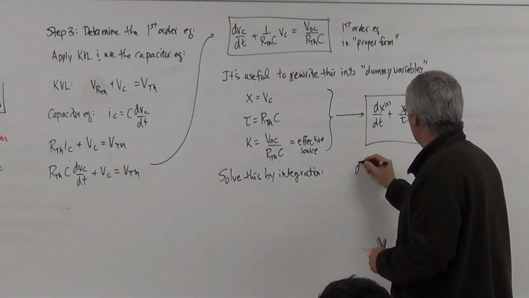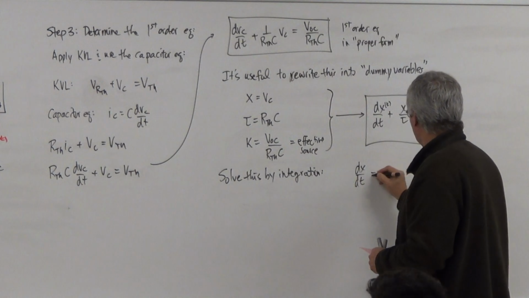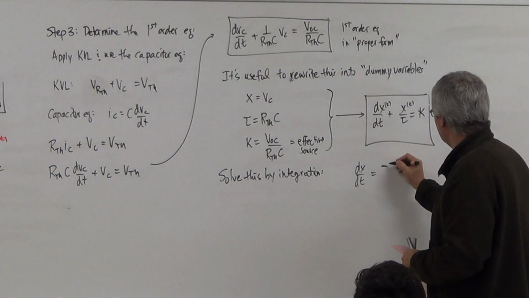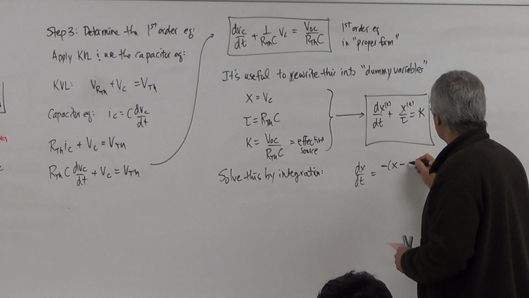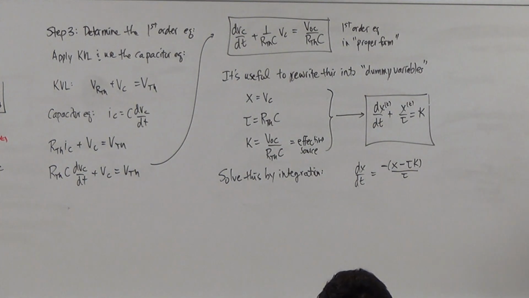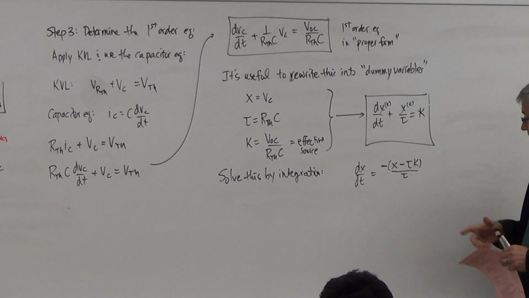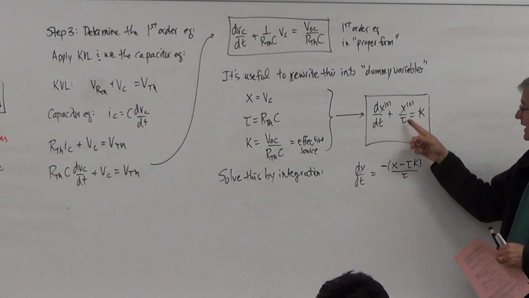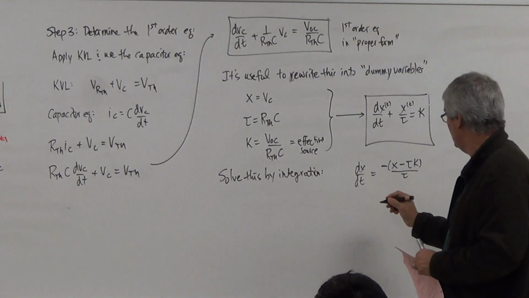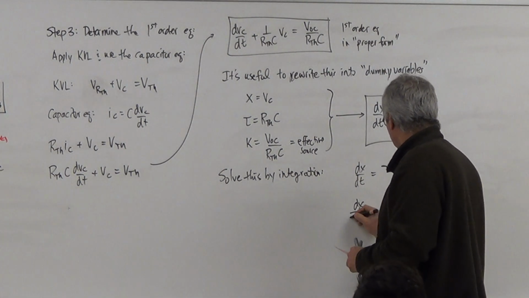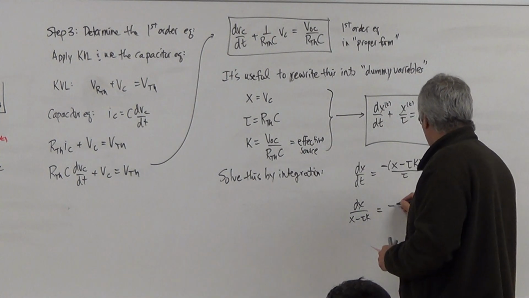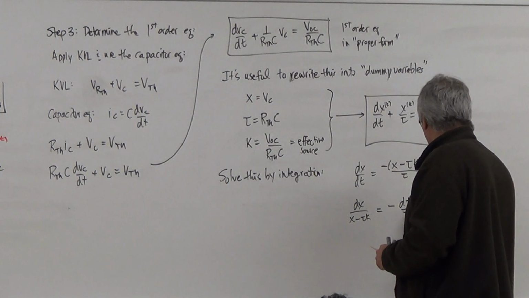So I get dx/dt, and then if I move this to the other side, I pull out a minus sign so that I get x minus tau k divided by tau. Then I can't really isolate the x yet, so I'm going to divide both sides. If I do that, I get dx over x minus tau k must equal minus dt over tau.